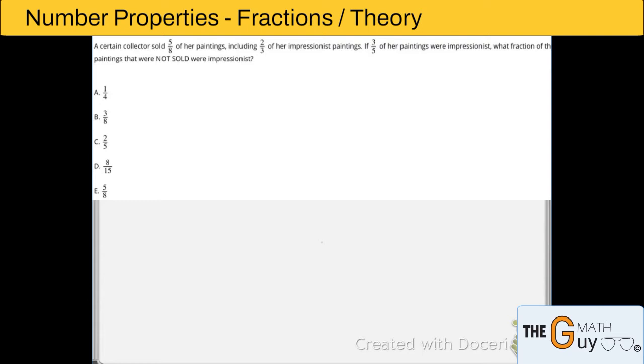Well, 8 is slightly difficult, so let's keep it in fractions. If she had a total of 8 paintings, she sold 5 of them. That's what they're saying, including 2/3 of her impressionist paintings. So she has some number of impressionist paintings, and 2/3 are sold.